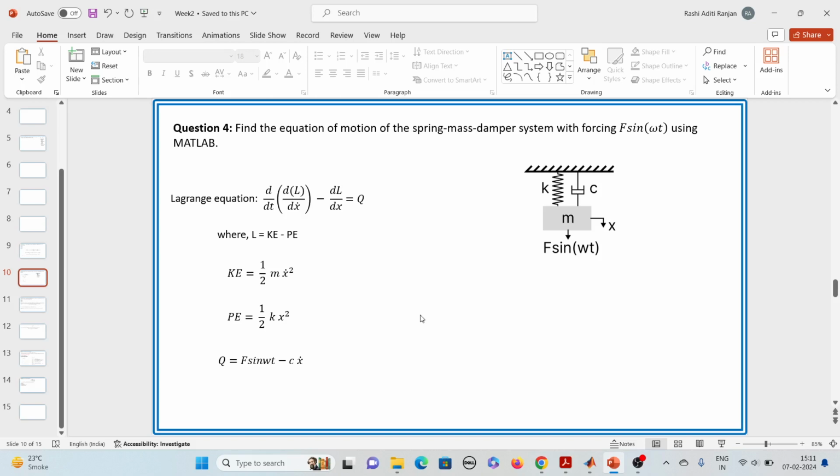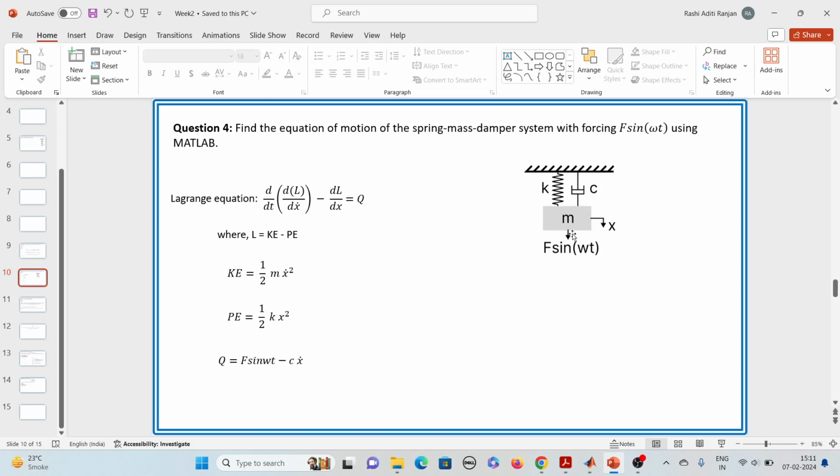In the Lagrange equation, we consider the force because of this dashpot in terms of the generalized force, right? So we have two things that contribute as the generalized force. One is F sine omega t, and the second one is Cx dot, the force due to the dissipation. For this mass m, F sine omega t is acting in the downward direction, correct?